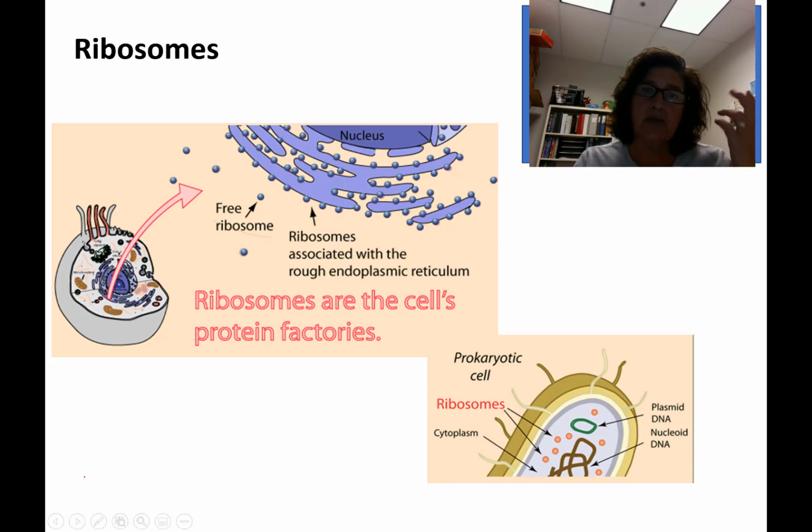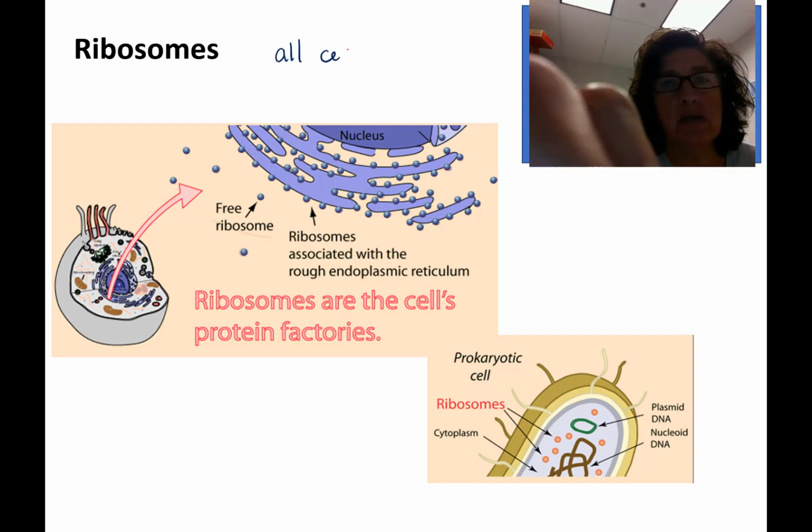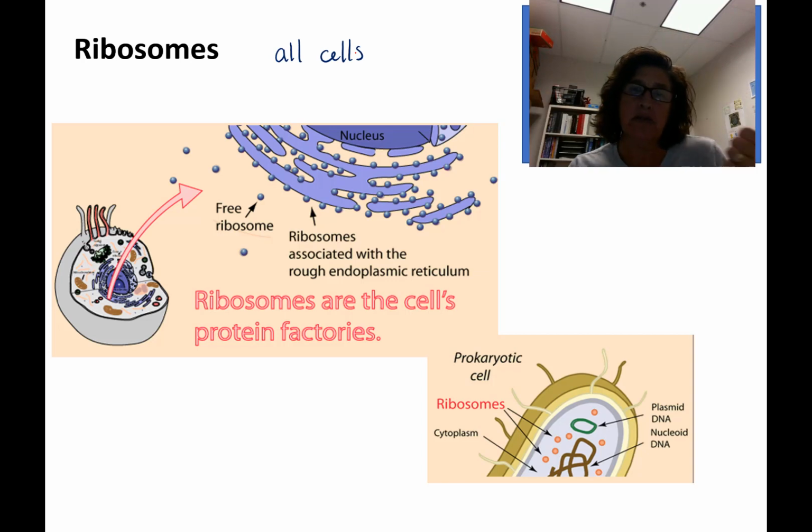The last organelle we're going to talk about in this lecture are ribosomes. Ribosomes are found in all cells. So this organelle lecture is really about what's in all cells, right? We have DNA, we have cytoplasm, we have ribosomes, and we have a plasma membrane.